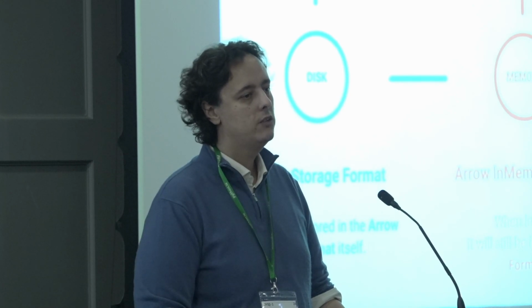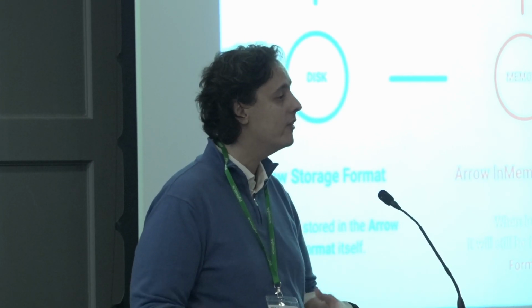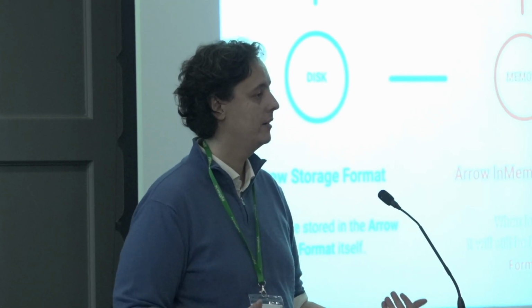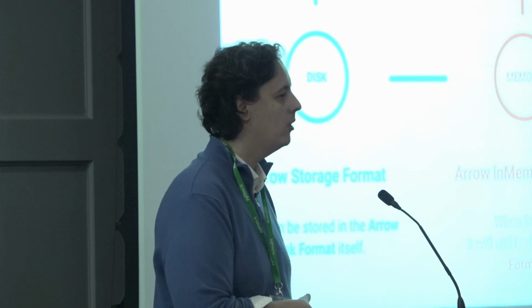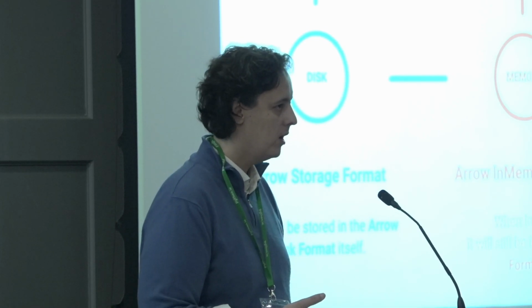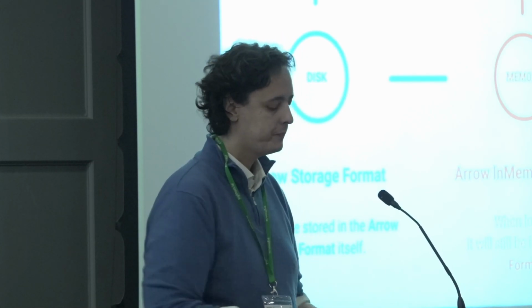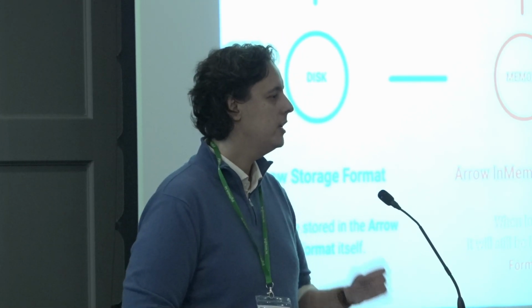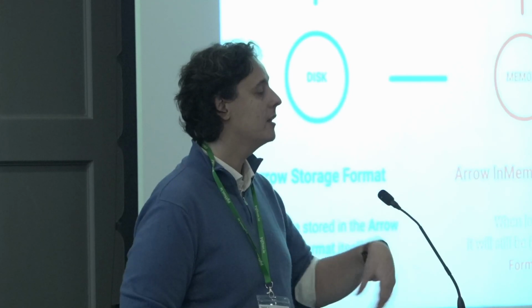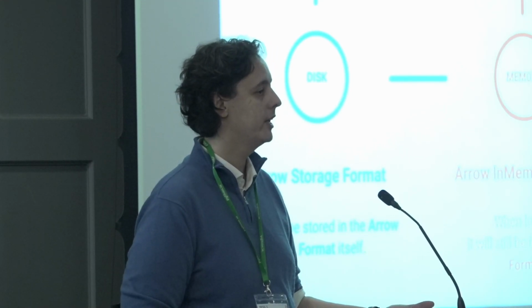Flight SQL is in practice a standard to ship SQL queries and data over the network using Arrow. So databases that are going to implement Flight SQL are going to give you data directly in the Arrow format. And ADBC is a database driver optimized for Arrow, so for columnar data.